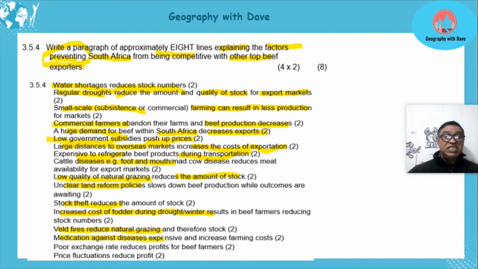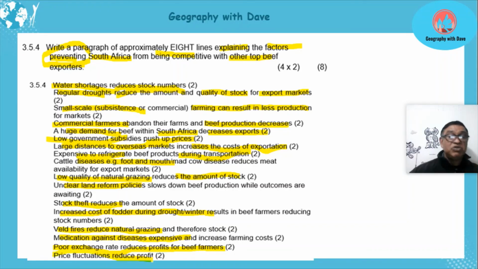Medication against the disease is expensive, which increases the costs. Poor exchange rates reduce profits for beef farmers depending where they are selling. And sometimes with these poor exchange rates, where the value is lower, they're getting less money into the country when it's exchanged.